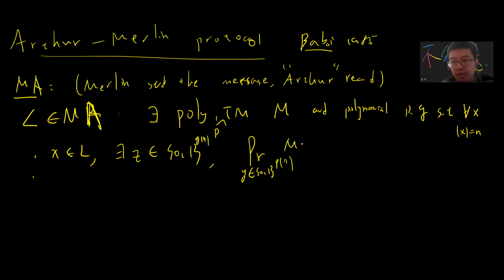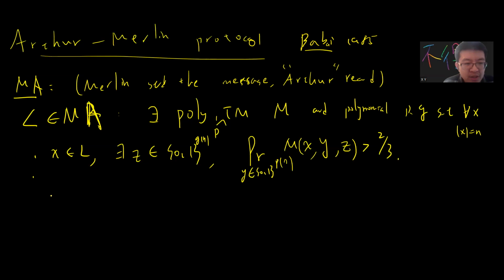So M takes 3 inputs. X is the input, Y is the coin that Arthur flips, and Z is the message. Arthur is very happy that Merlin gave a message. If x belongs to L, then there's a message that Merlin can give Arthur such that Arthur will agree, with high probability.